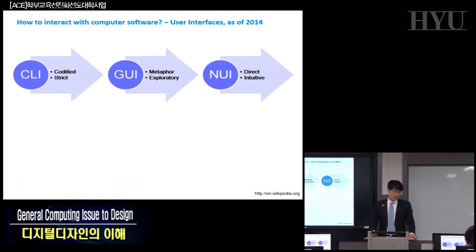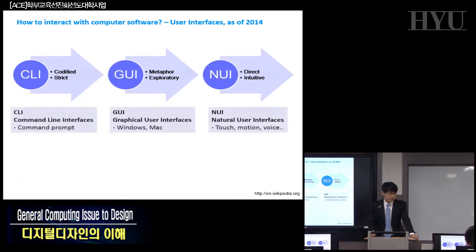The second one, GUI. You know what GUI is. And the third one, NUI. Here's a little more description. CLI, command line interface. GUI, graphical user interface. NUI means natural user interface.